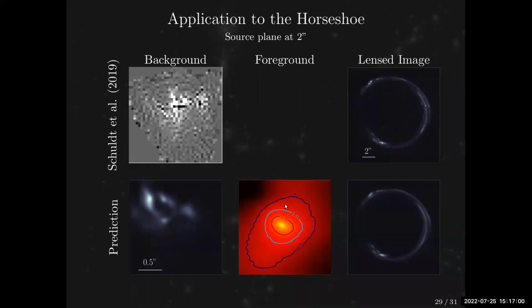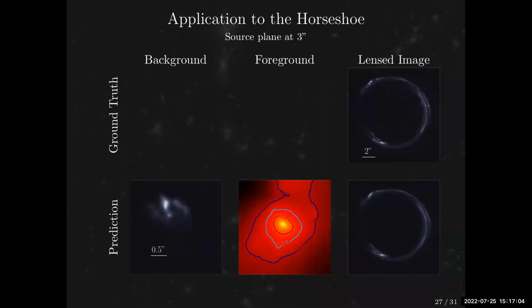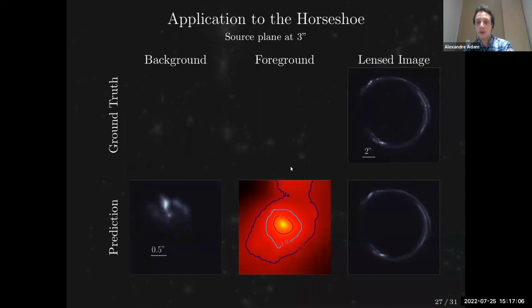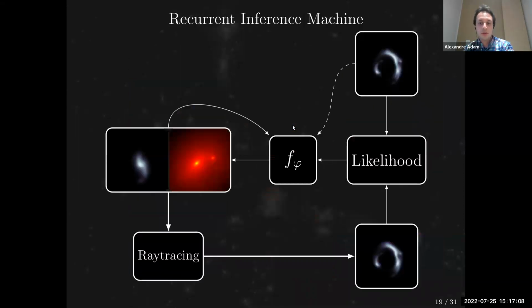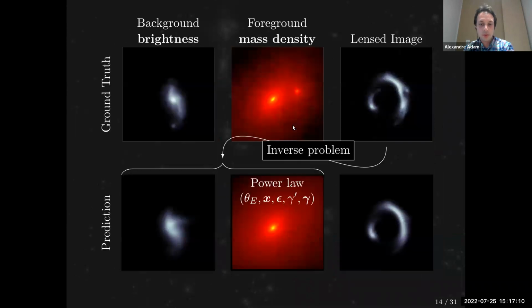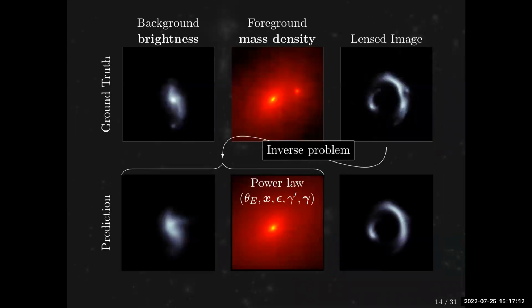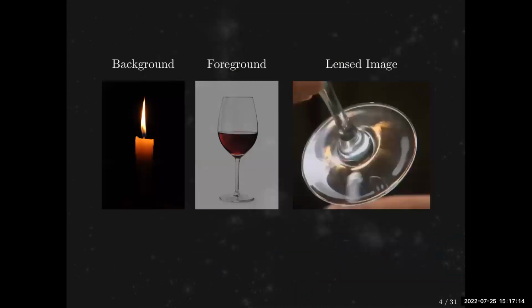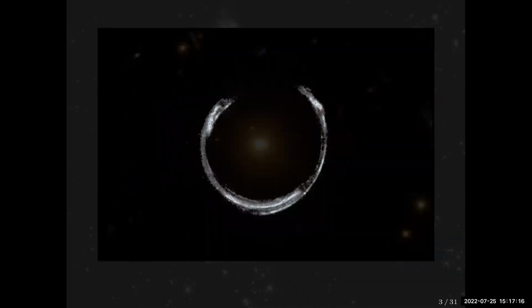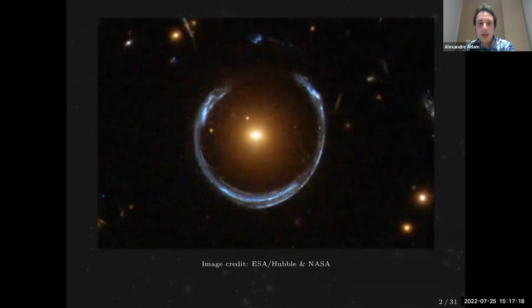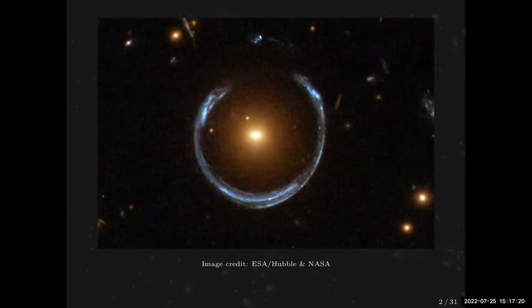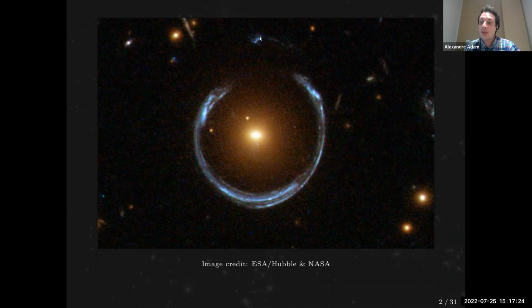If you go back to your title slide where you showed the horseshoe. Oh, right. Yeah, so this one here, right? Exactly. This is interesting, because this is a second source at a different redshift.